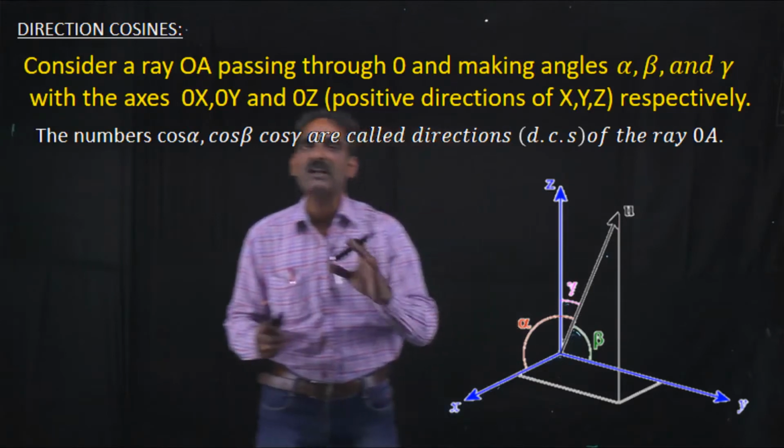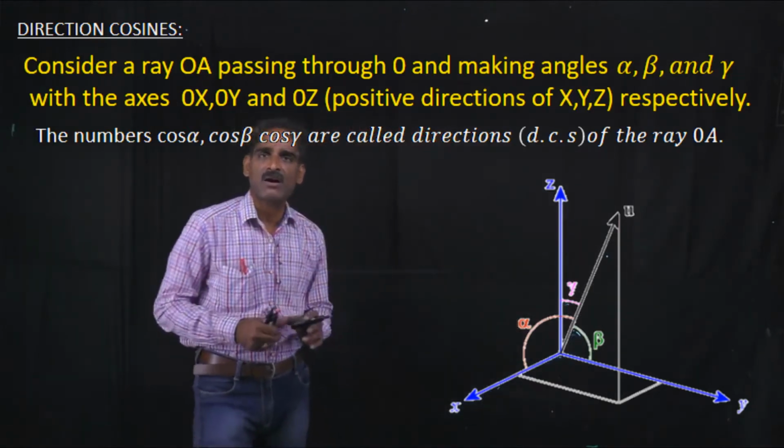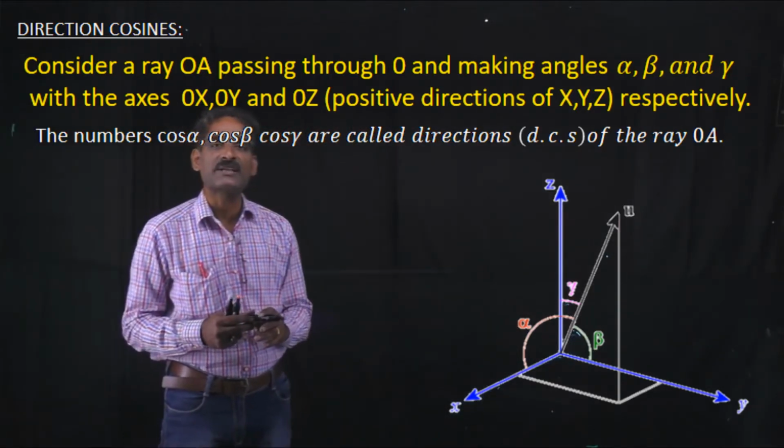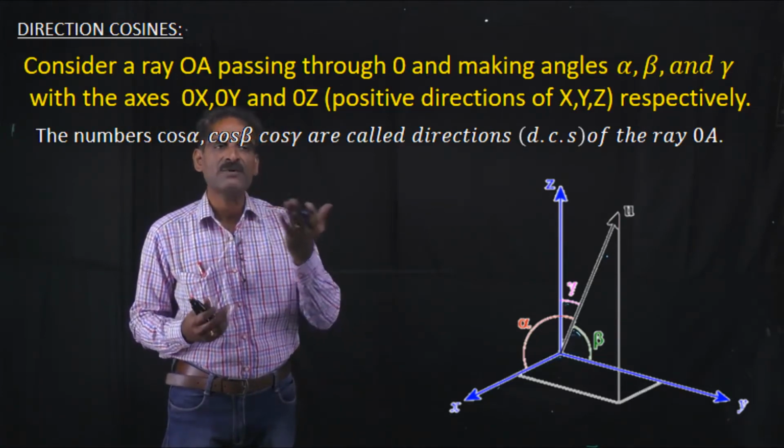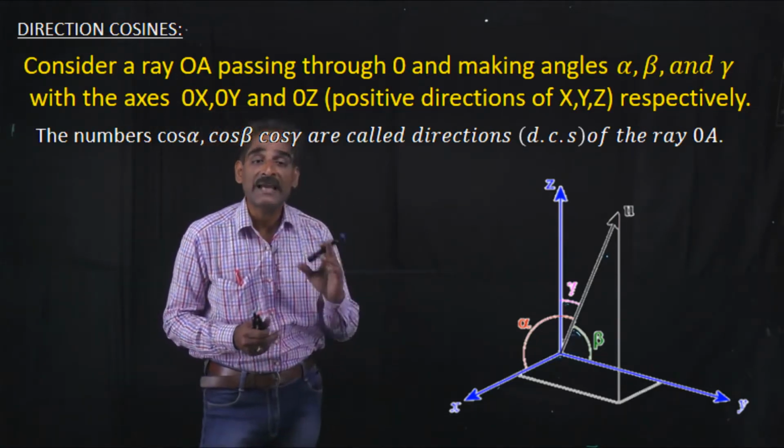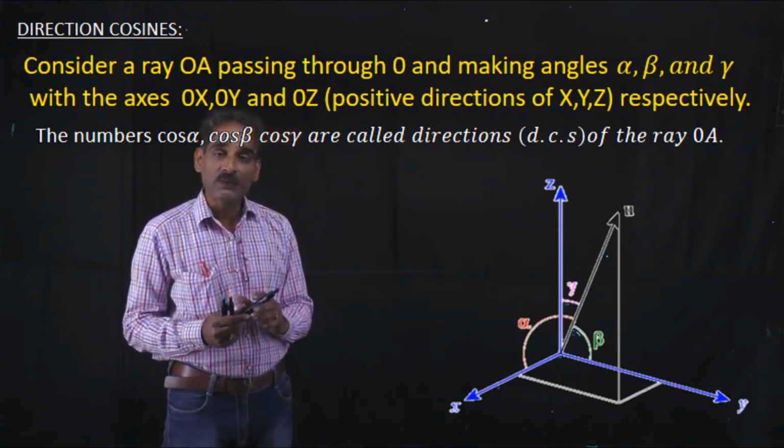Then cos alpha, cos beta, cos gamma, three real numbers, are called direction cosines of the ray OA.